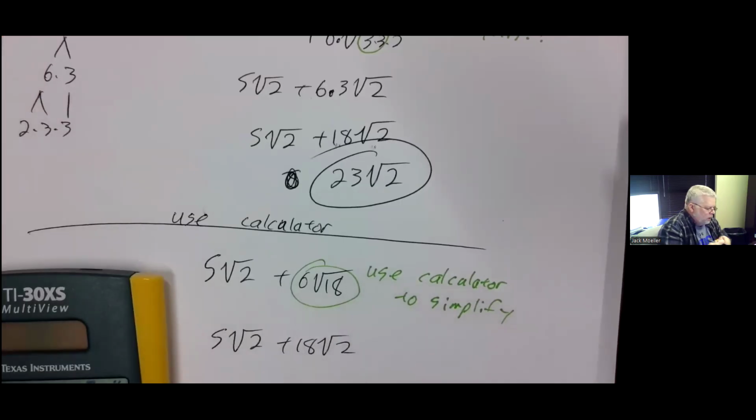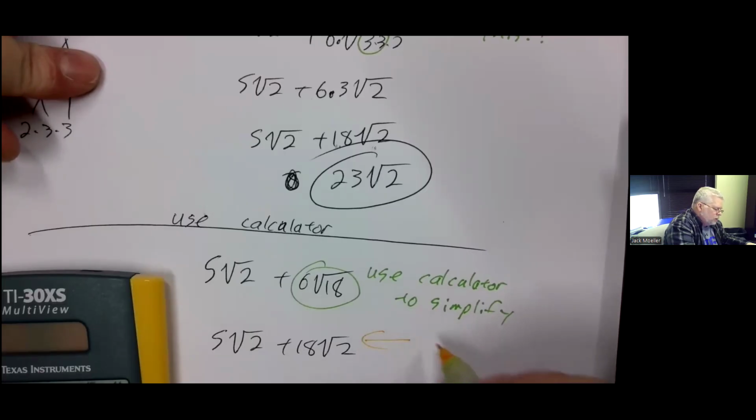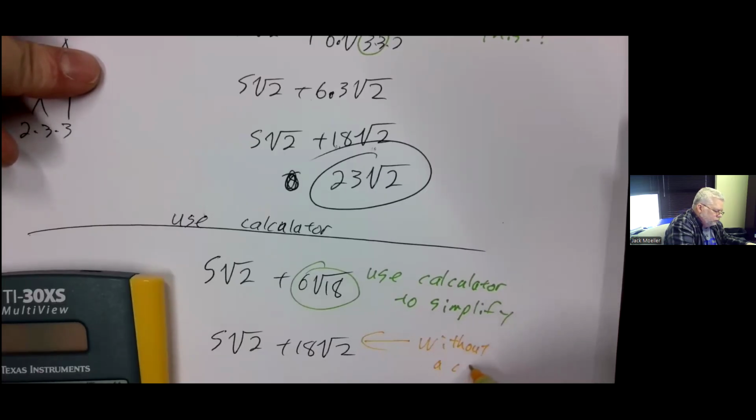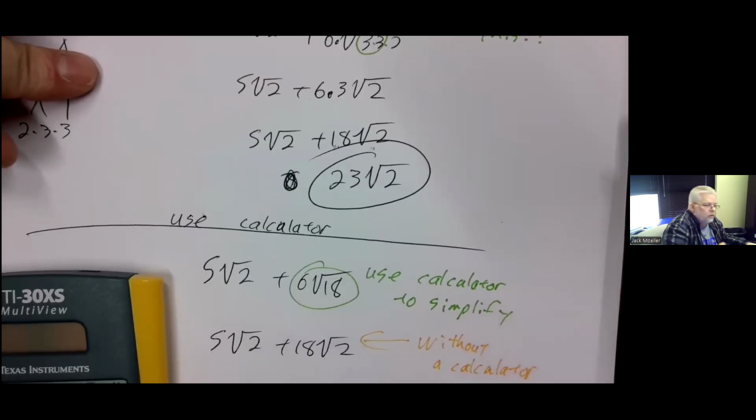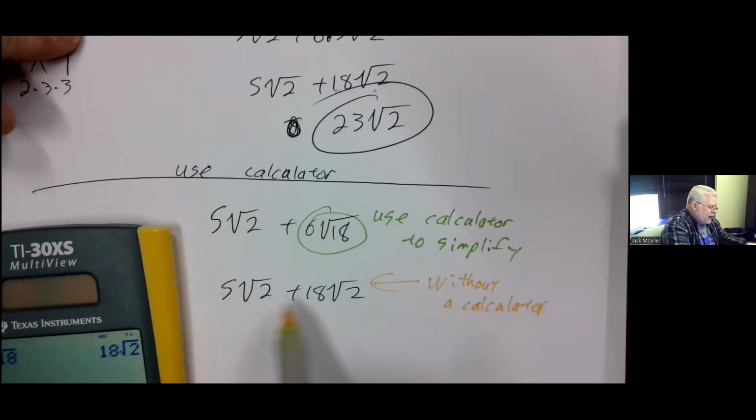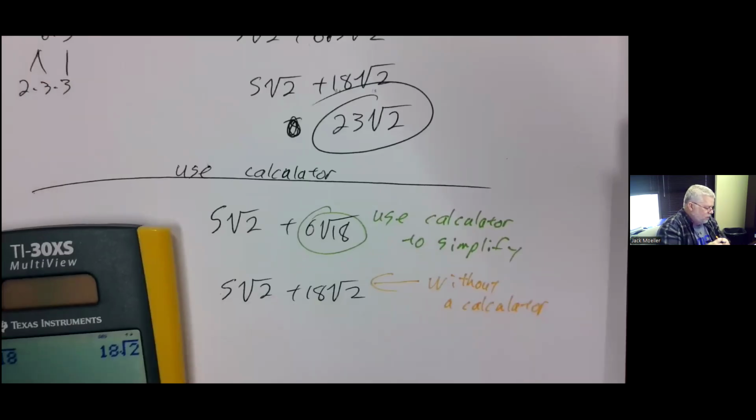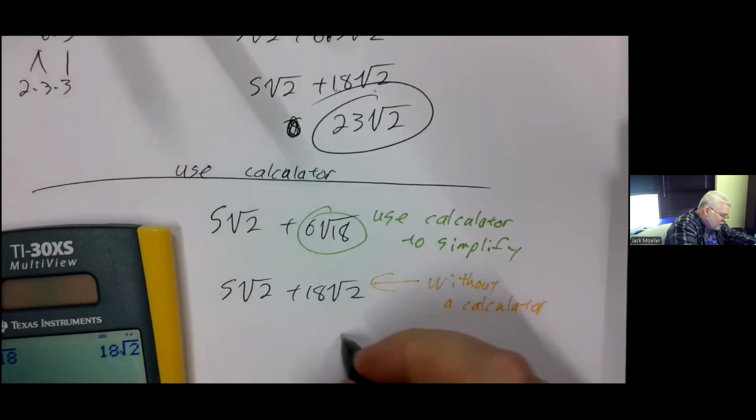And so I then do this without a calculator, because I want you to recognize the fact that those are both square roots of 2. So then we're just adding the coefficients. If you want to calculate 5 plus 18, that's fine.